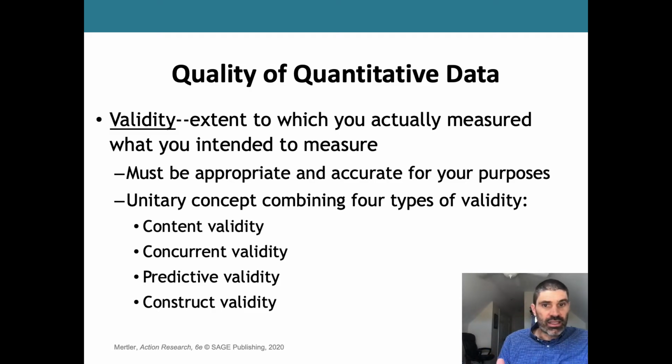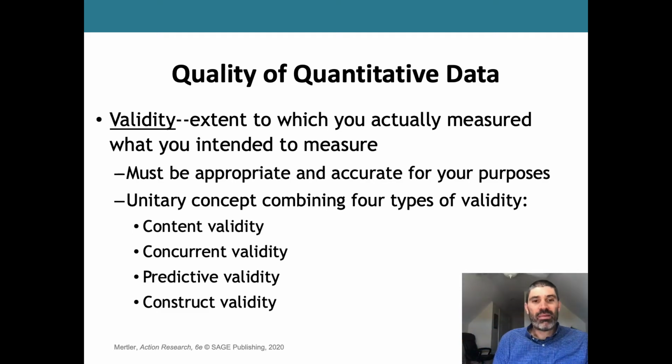So the idea of content validity is, let's say I'm looking at a child's ability to focus and pay attention, and I'm giving them scores based on how they perform. Well, there's lots of different types of memory. There's working memory, long-term memory, short-term memory, and episodic memory, which is my memory for events in my past.